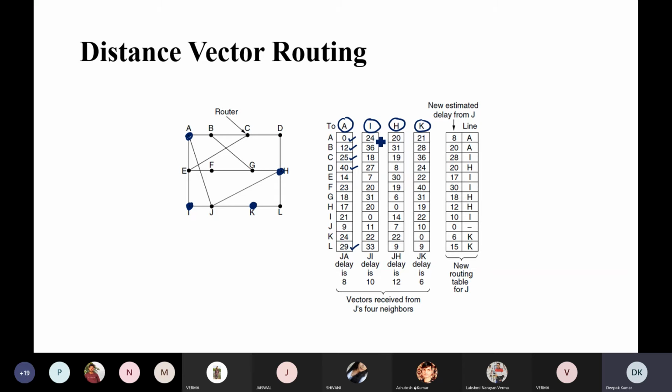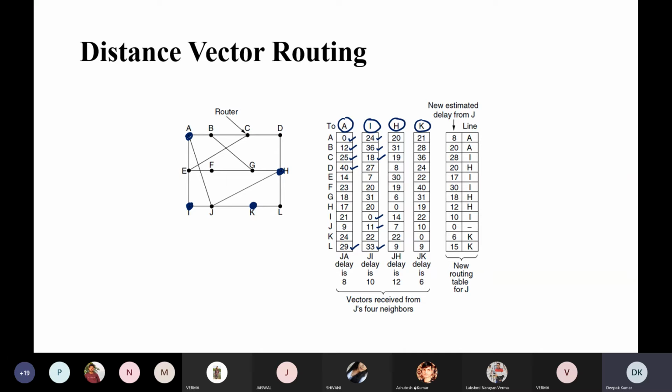Here I to A is 24, I to B is 36, I to C is 18. In that way, I to J is 10, I to I is the same node, that's why it is 0, I to L is 33. All these are updated at some instant.